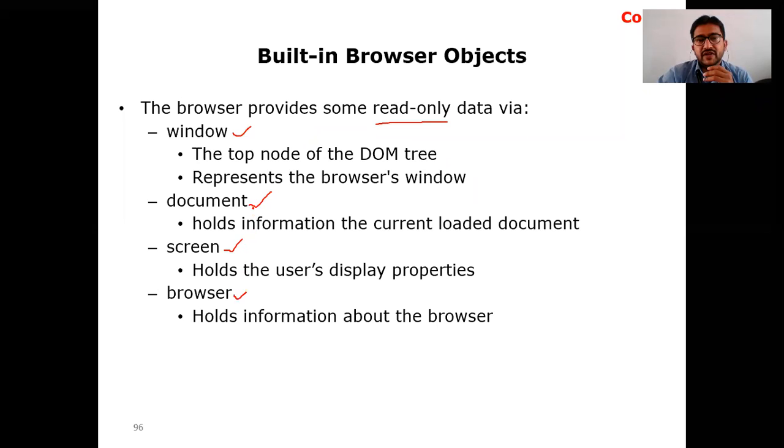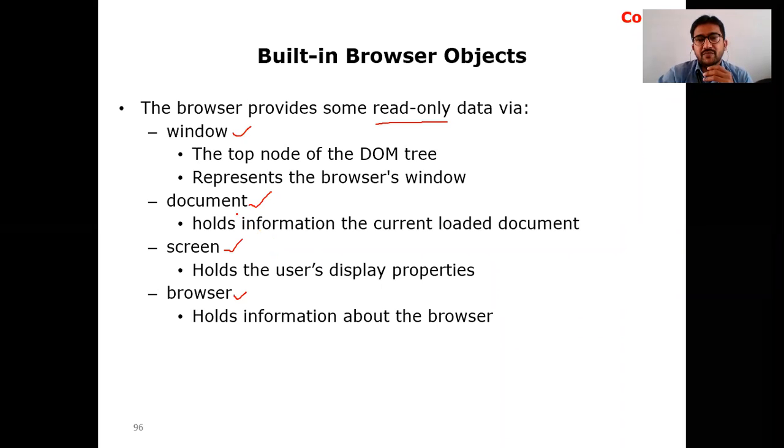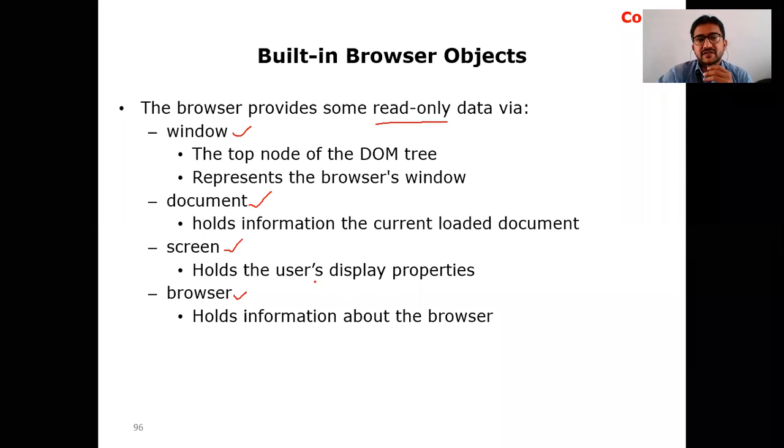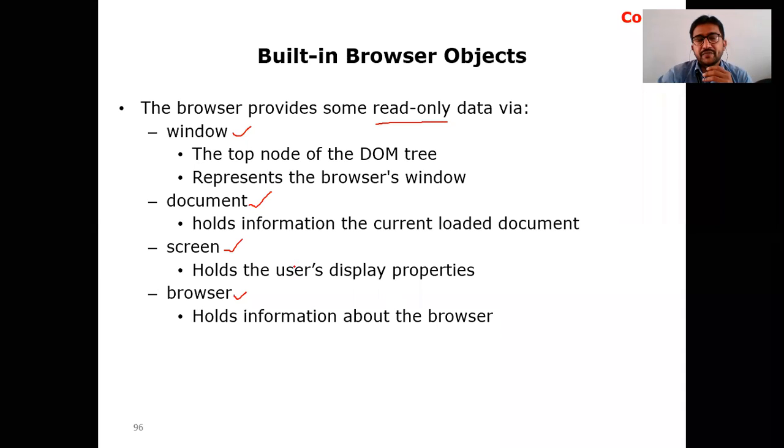Now, if you observe all together, a window goes to the top node of the DOM. This is the document object model tree, which represents the browser window, where we hold the information with the help of documents and hold the user's display properties. Display properties in the sense that we have different screens in the document or in the window.